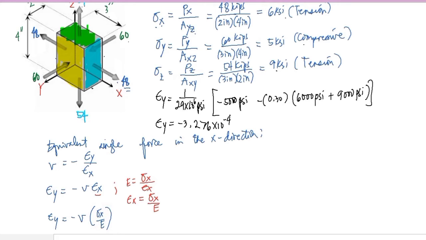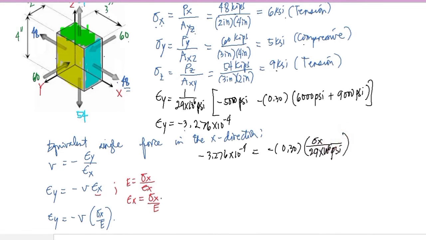So substituting the values in this equation, since we already have the value of the strain in Y, that would be negative 3.276 times 10 to the negative 4 is equal to negative the Poisson's ratio, which is 0.3, since we are computing for the equivalent stress in the X direction, over the modulus of elasticity, which is 29 times 10 to the 6 psi.